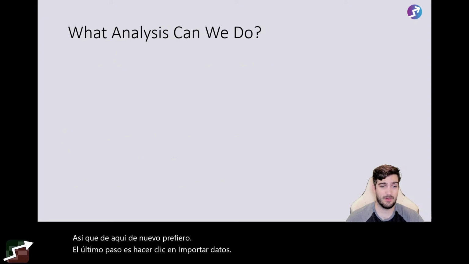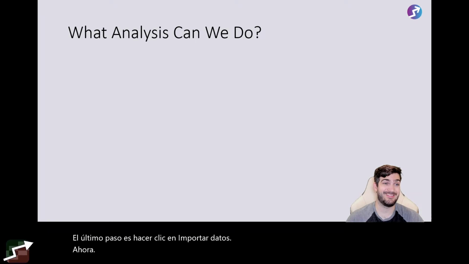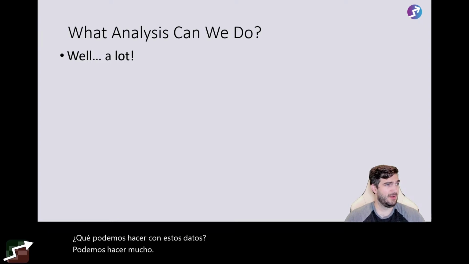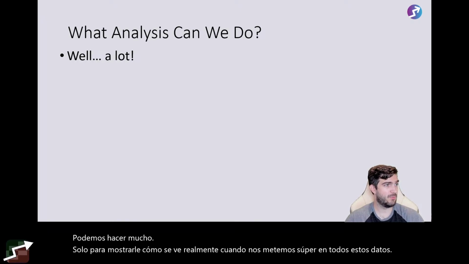Now, what can we do with this data? We can do a whole lot. Just to show you what it can really look like when we get super into all of this data, let me pull up a spreadsheet.